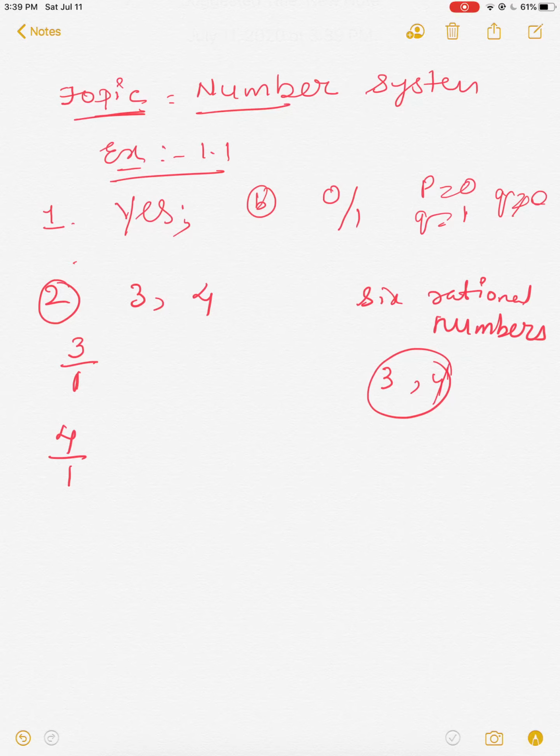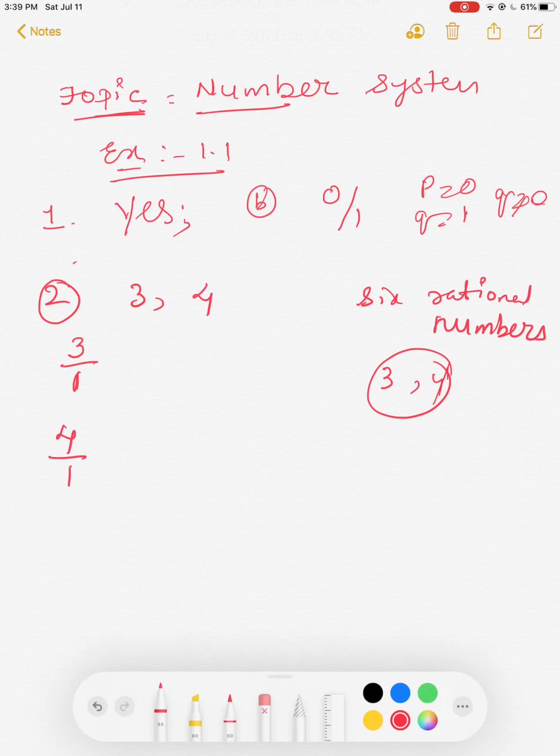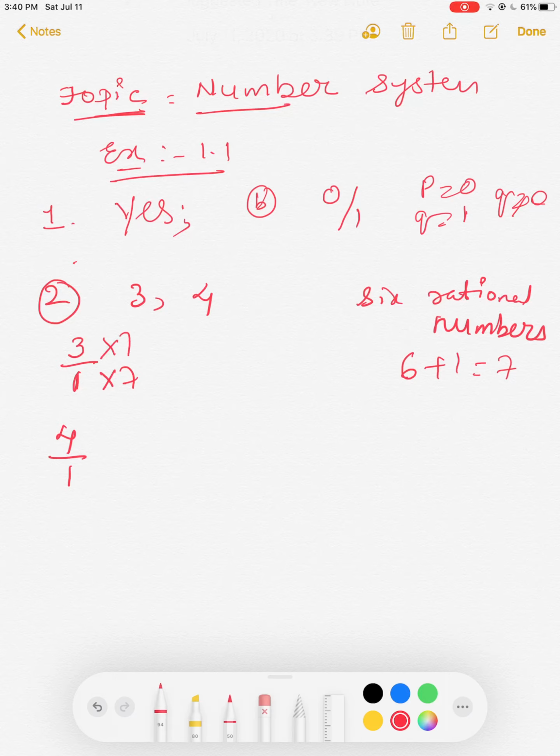Here, to get rational numbers between 2 rational numbers, let us take 6 rational numbers. We will be taking 6 plus 1 is equal to 7. So let us multiply numerator and denominator by the same number. So you will be getting 21 upon 7, here 7 upon 7, 28 upon 7.